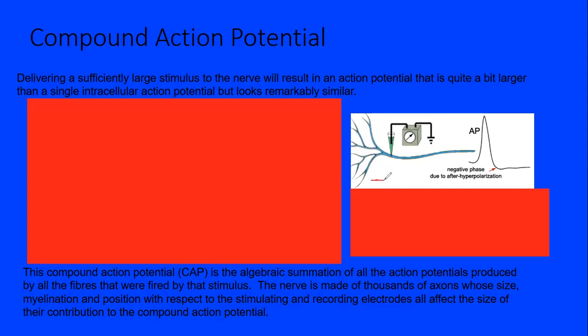Then when it reaches threshold, the membrane polarity will rise, reach a peak, and then it will go back. When it goes back, it will hyperpolarize and then go back to rest. That is the normal shape of an action potential.